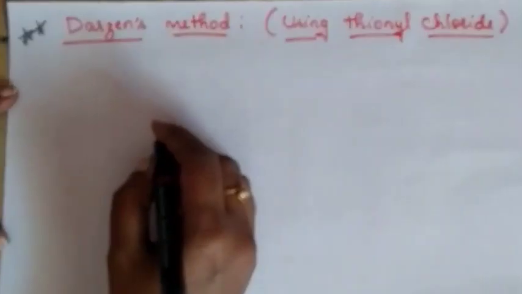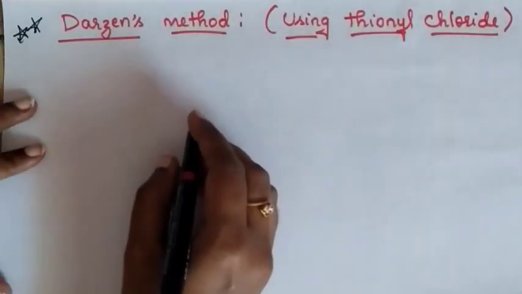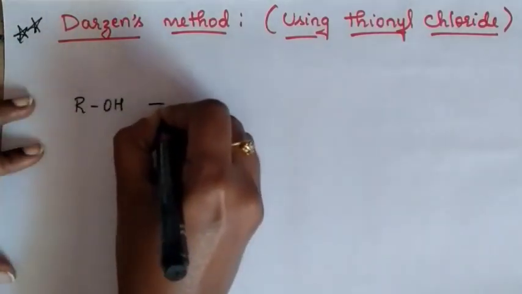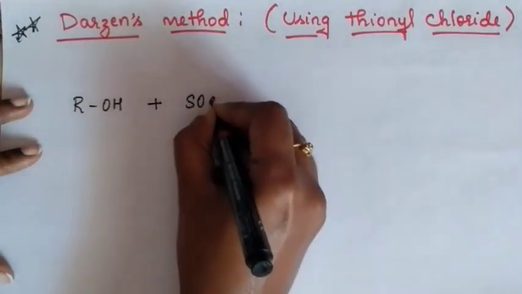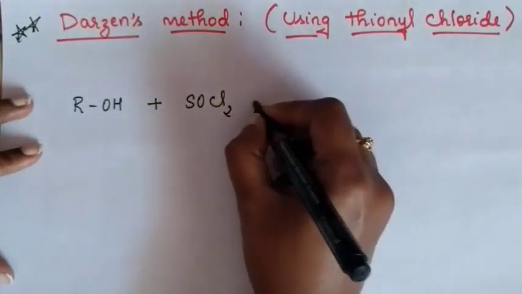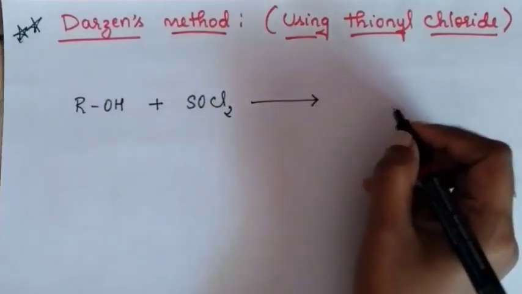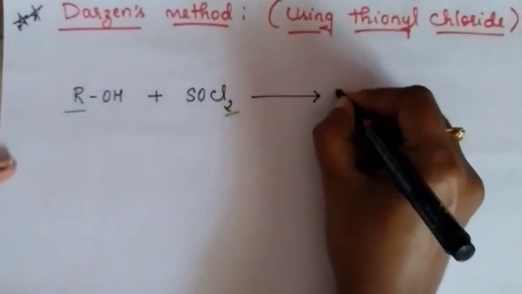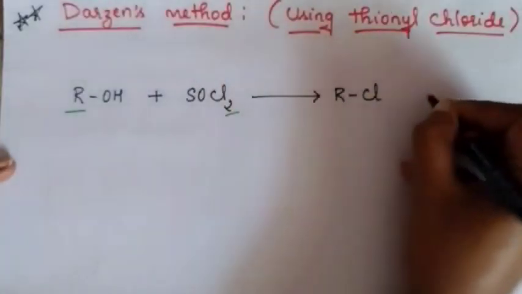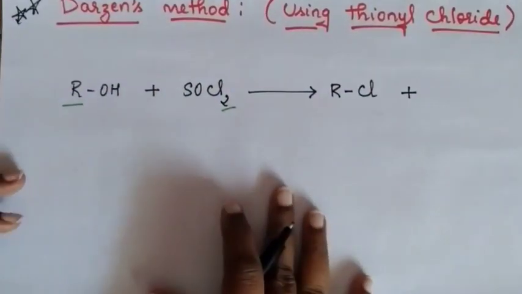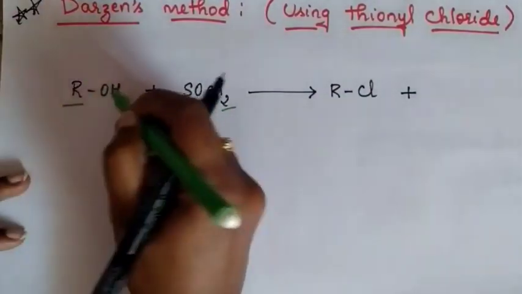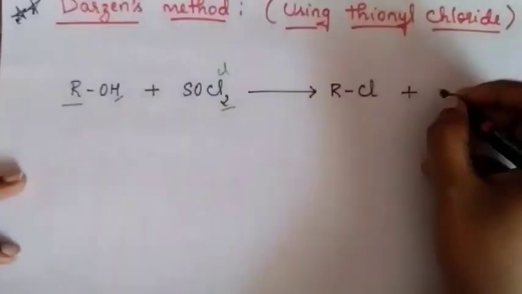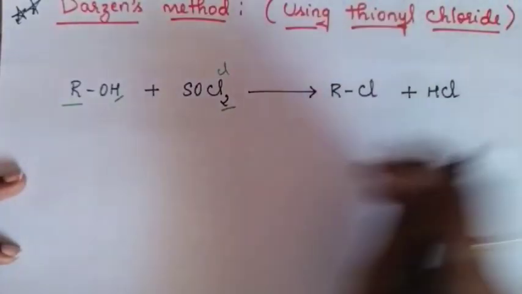Let's see how to prepare alkyl chloride by using thionyl chloride. When you treat alcohol with thionyl chloride, SOCl2, as we know, we are going to get our product, that is RCl. One of the Cl is going to combine with R, so RCl will be the product. Now this H will combine with one more Cl to form HCl.